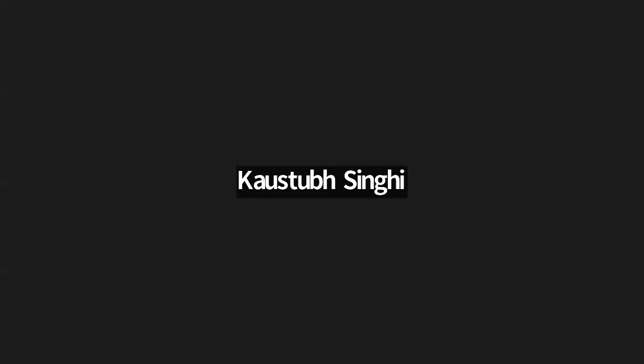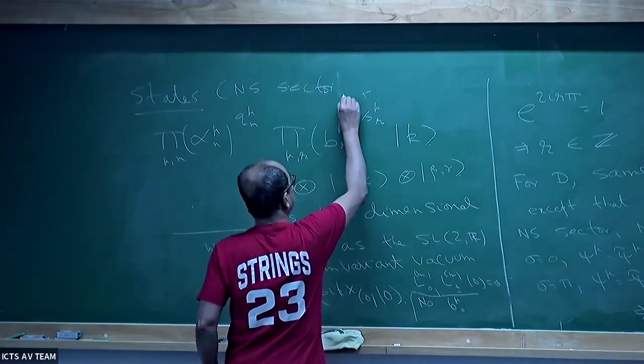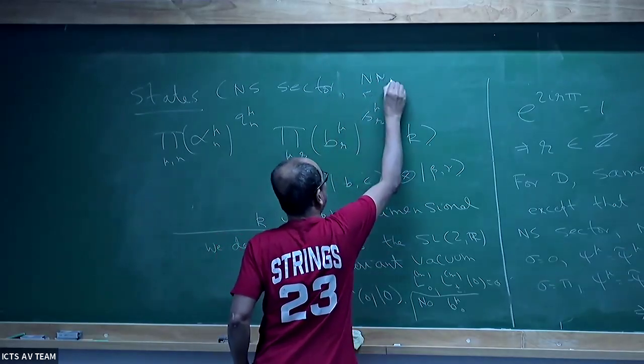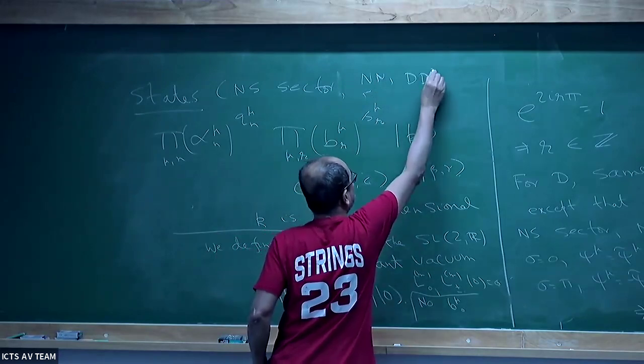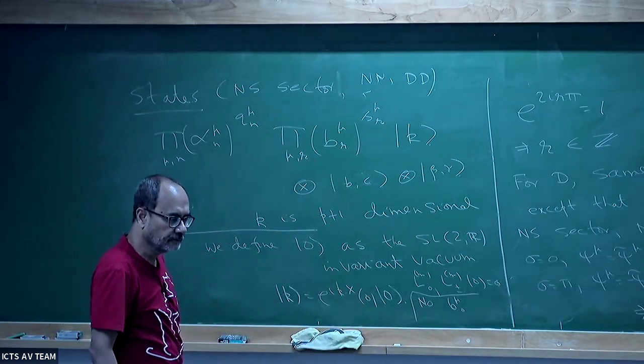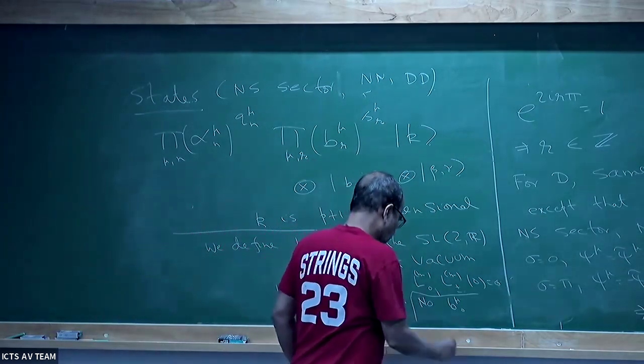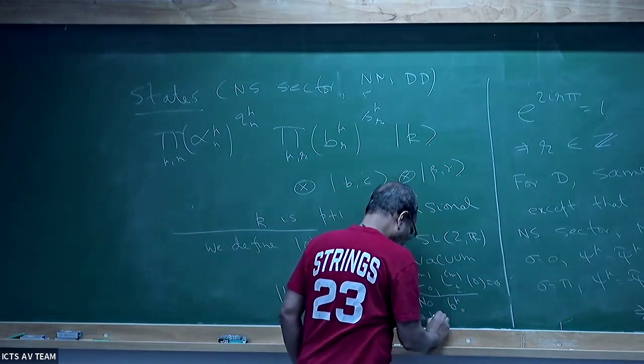Is this NS sector with DD boundary conditions or NN boundary conditions? Yes, NS sector with DD or NN. Right now I'm only considering DD and NN. This means the vacuum is unique.